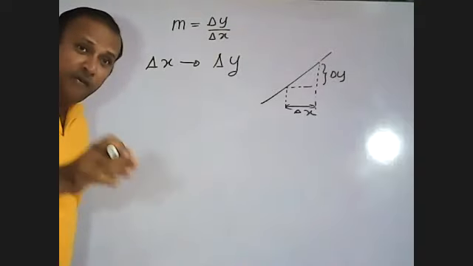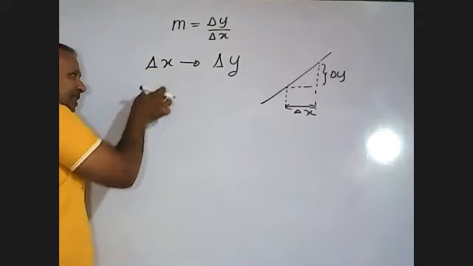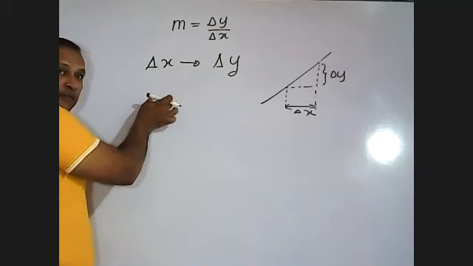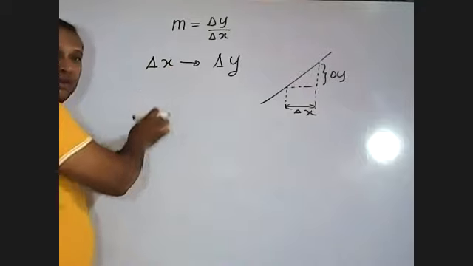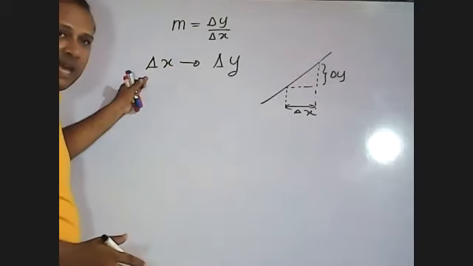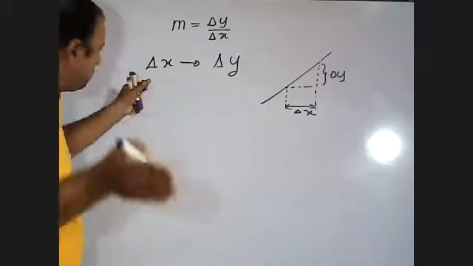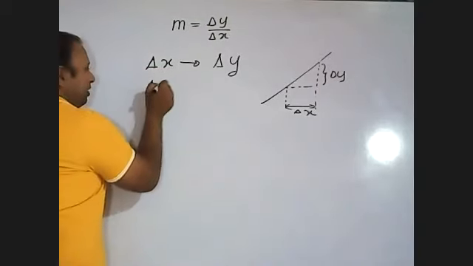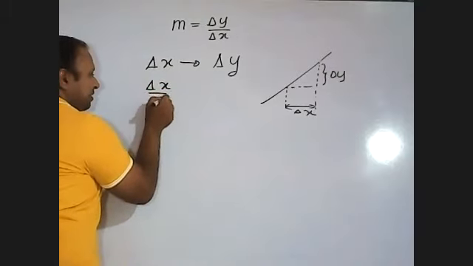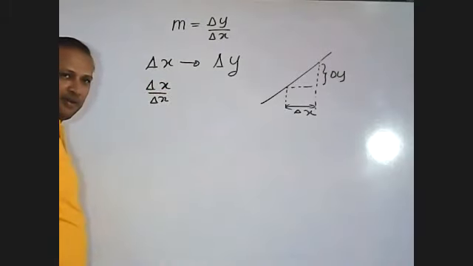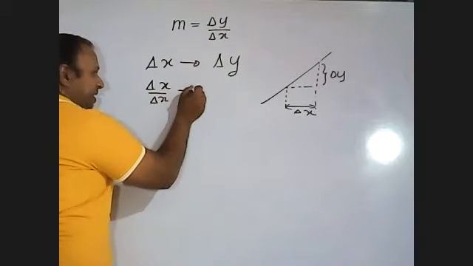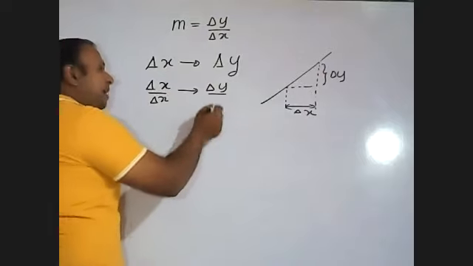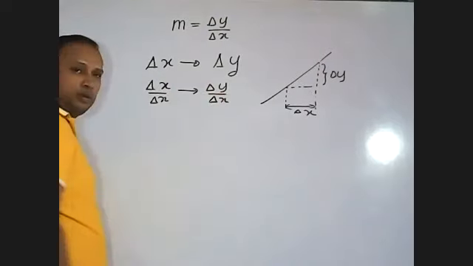So if the change in x is equal to 1, that means to create 1 on the left hand side, you have to divide by delta x, and then you have to divide the right hand side by the same value.